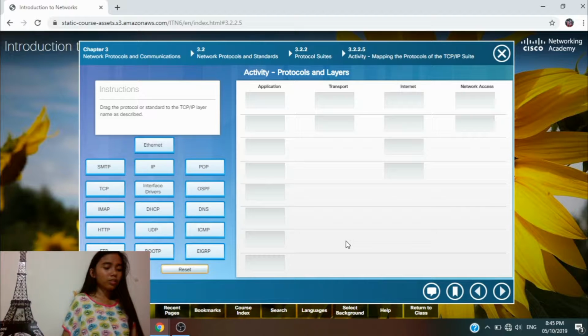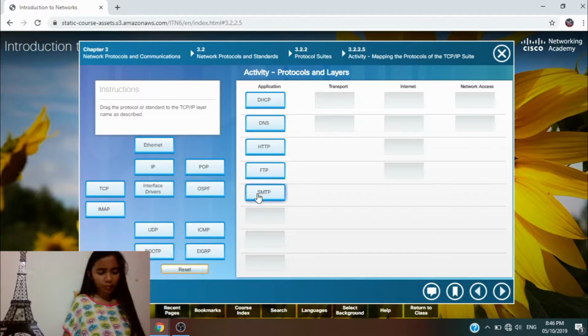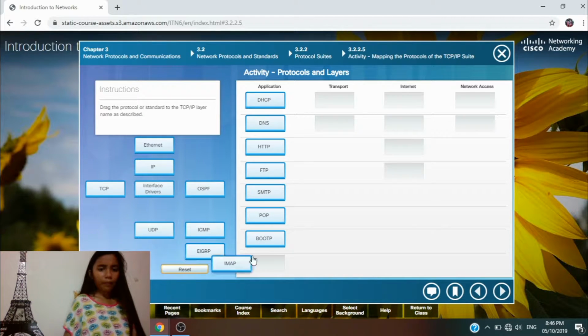So for the application, we have the DHCP, the DNS, the HTTP, the FTP, the SMTP, the POP, the BOOTP, and the last one is IMAP. So that's all for the application.